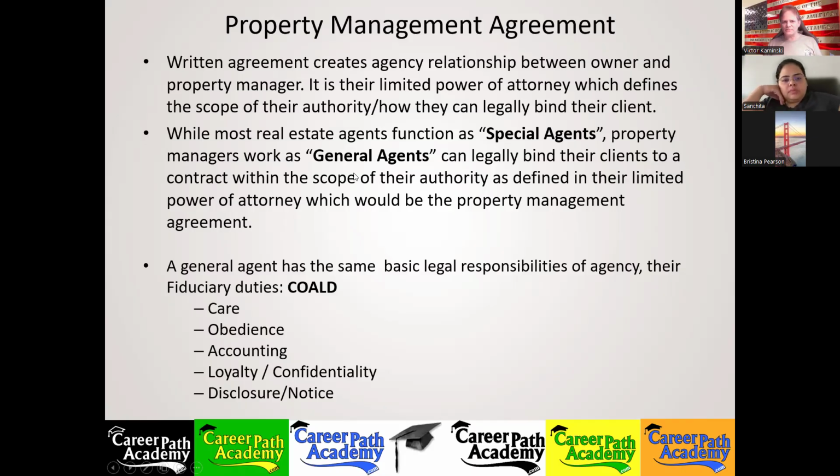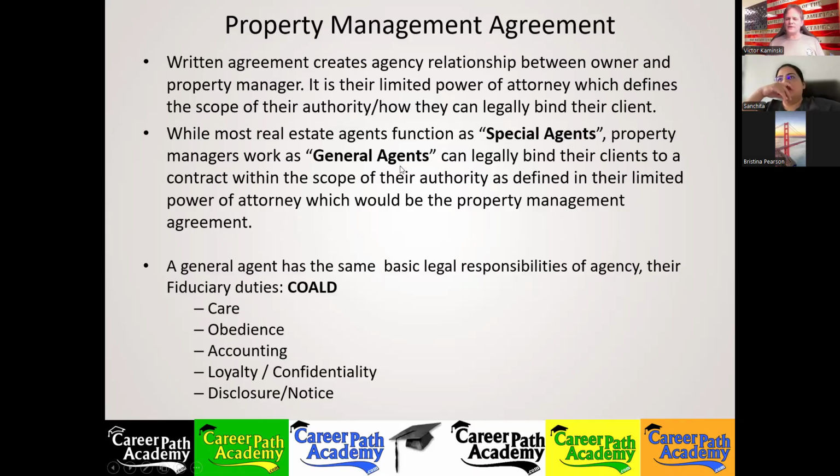Property managers work as general agents. They could legally bind their clients to a contract because they do sign a property power of attorney with the property owners. That power of attorney is the property management agreement itself. It specifies how they can legally bind their clients to a contract and what scope of authority the owner is granting to the property management company, to what extent.